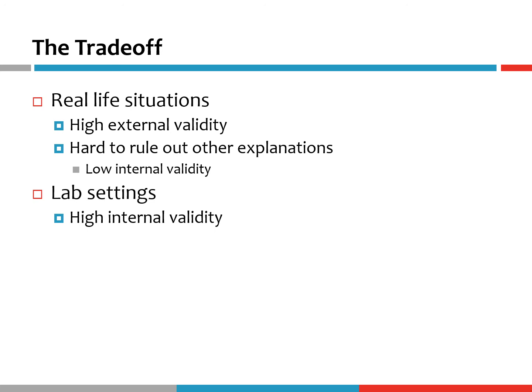And similarly, if we do random assignment, we know that individual difference variables aren't going to be impacting our results, because people have an equal chance of being put into the experimental and control groups. So we have high internal validity. We've been able to rule out confounding variables and have random assignment.